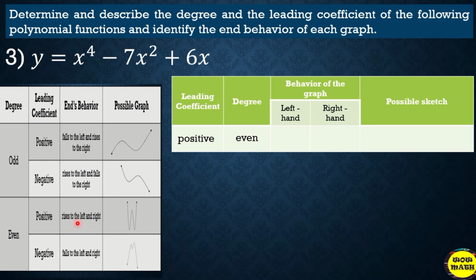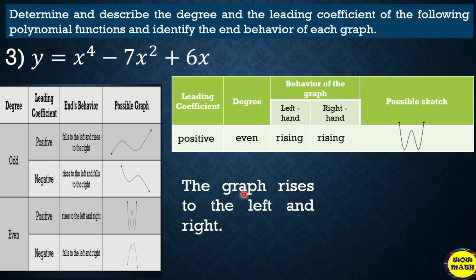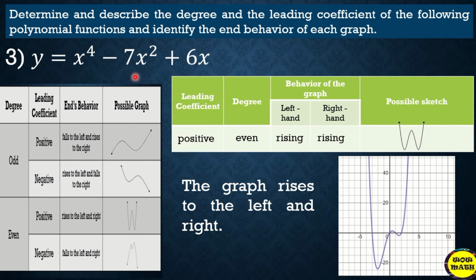So ibig sabihin, yung left hand ng graph ay rising, ganun din sa right hand. So ito yung possible sketch ng graph. So therefore, the graph rises to the left and right. So kapag ginraph natin itong given na polynomial function natin, ito yung actual graph niya. Okay, so sa left side pataas, yung sa right side din ng graph pataas din.